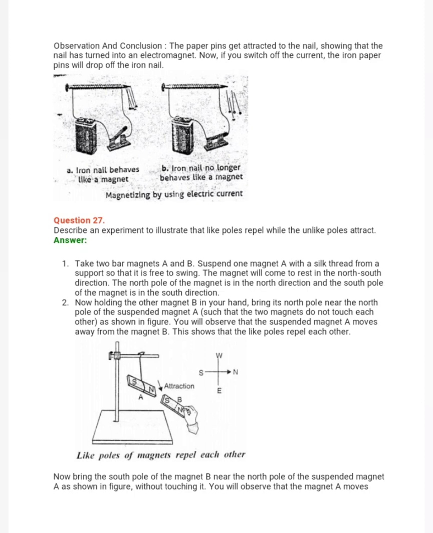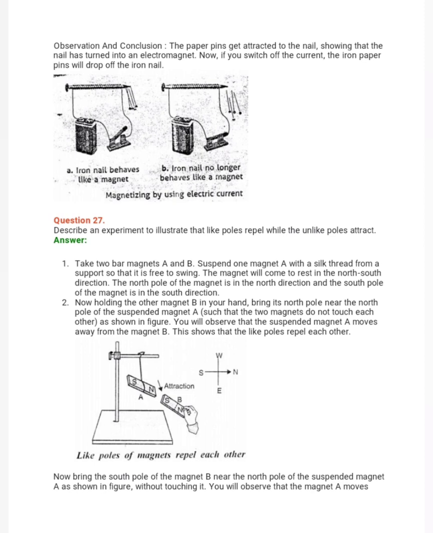Now holding the other magnet B in your hand, bring its north pole near the north pole of the suspended magnet A such that the two magnets do not touch each other. As shown in the figure, you will observe that the suspended magnet A moves away from the magnet B. This shows that the like poles repel each other.